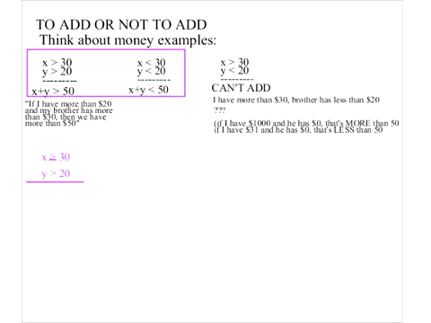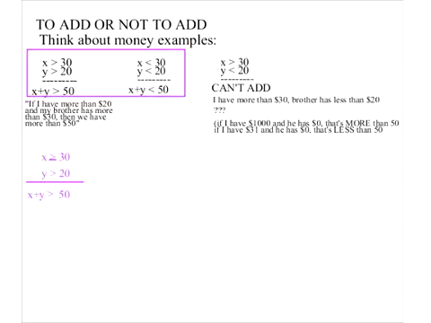Again, think about money examples. Most of you are actually answering this incorrectly. If you add these together, then the character that you get is actually one of these. It's a strict greater than. Because again, think about money.